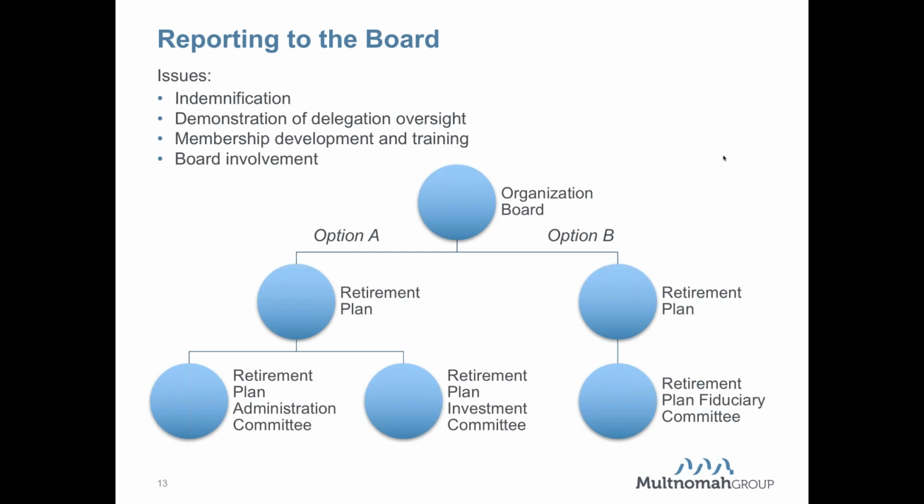And that retirement plan fiduciary committee typically does all of the oversight elements of the RPAC and the RPIC, the Retirement Plan Administration Committee and Retirement Plan Investment Committee, as mentioned earlier. For mid-sized organizations, the group of people that has specialized knowledge related to retirement plans, be it administrative or investment, is small, and you're trying to get as much work out of that group of employees as you possibly can.